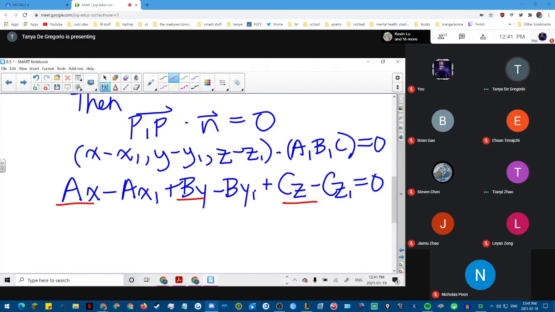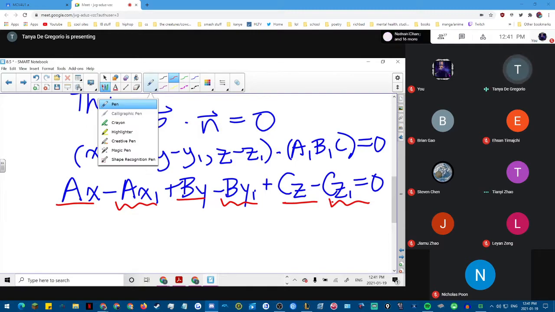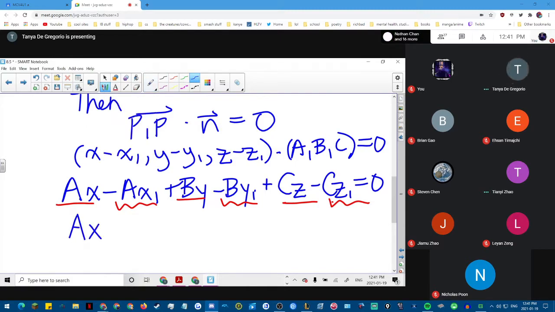The other values here: I've got negative A times X1 and negative B times Y1 and negative C times Z1. I can call those constants, right? Because we know that these are just values. And so I can gather them together and make them a constant. And I'll tell you the letter I'm going to use.